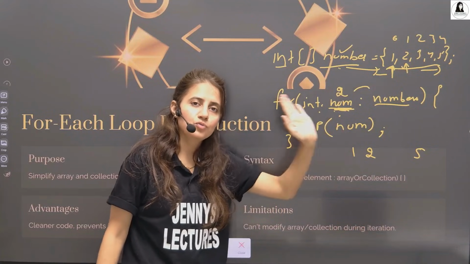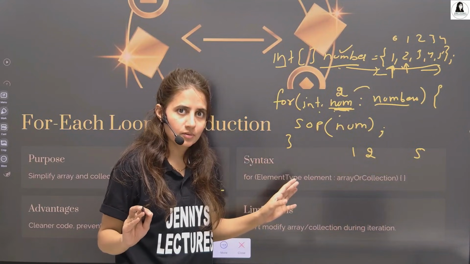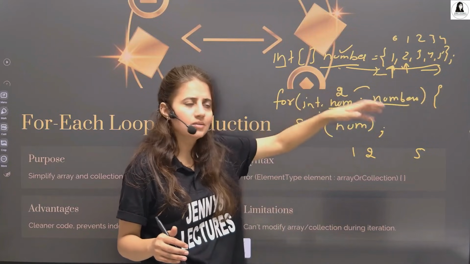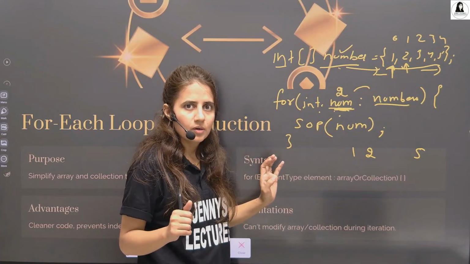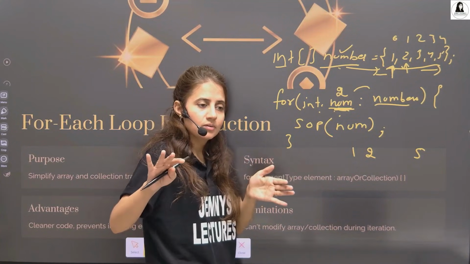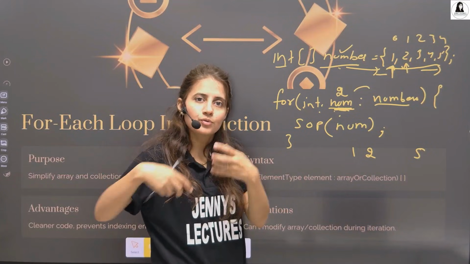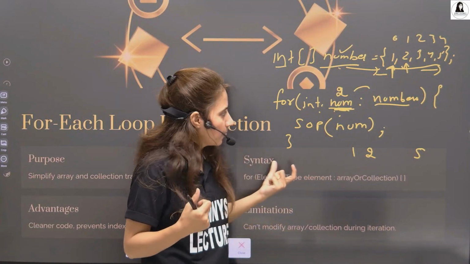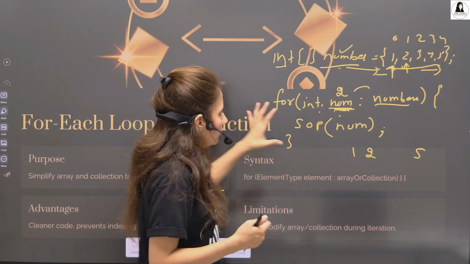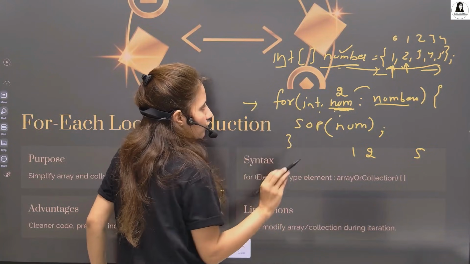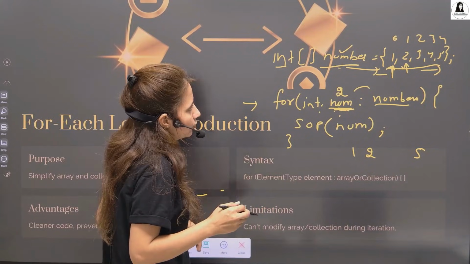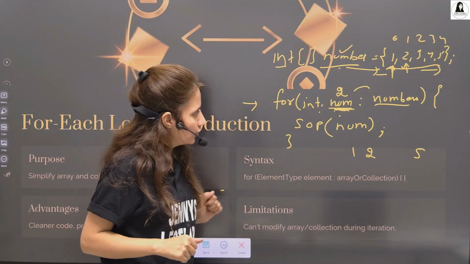In that case you have to go for the traditional loop only. But if you want to simply print the array, traverse the array, and don't want to modify anything, then simply you can use the for each loop. And for most programs we will use the for each loop for arrays, because it's simple to use, right? So I hope you got the syntax of using the for each loop and the advantages of why we use it. So let's see a program on this for each loop.